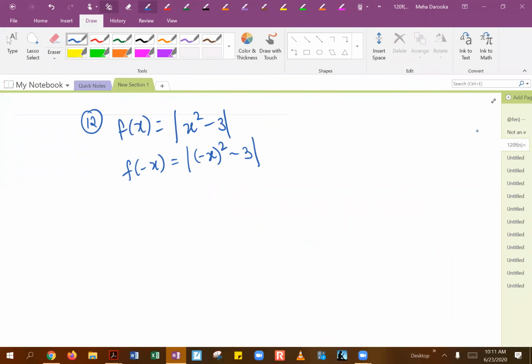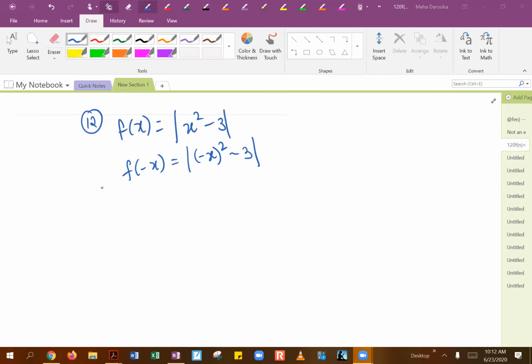And what will that end up giving us? What happens when you have negative x to the second power? It just turns to x squared. Yes, it will turn into positive x squared.